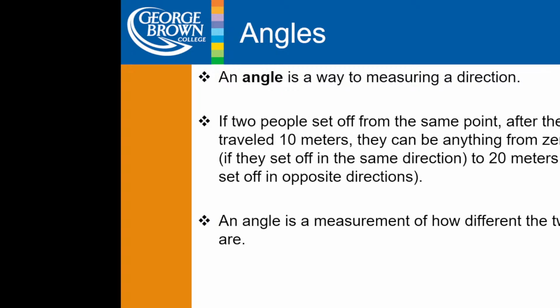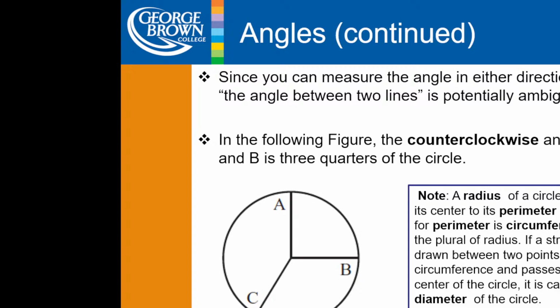All right. So again, we have two different directions, and what the angle does is it allows us to measure how much separation there is between the two different directions. Since we can measure this angle in any direction, we can look at it like this.